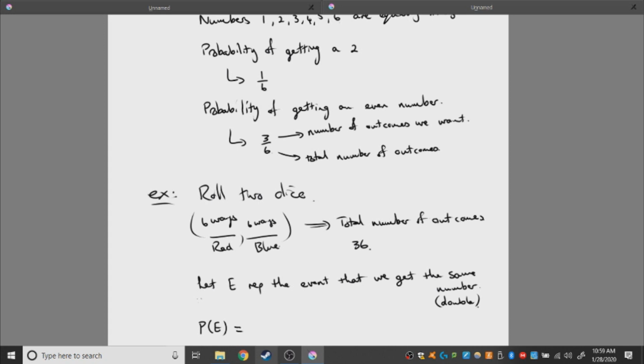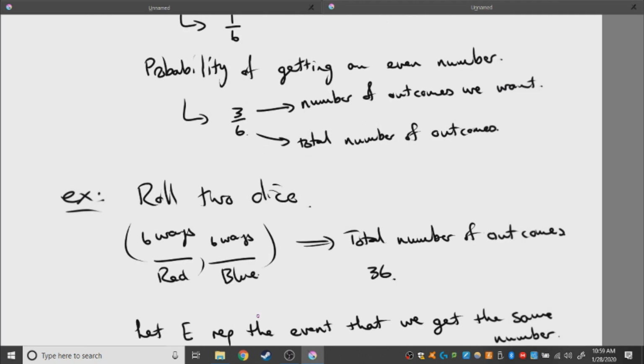Just trying to make it a little bit more compact and efficient. What would you say is the probability of getting 2 of the same number, without simplifying? Well, how many ways can I get 2 of the same number? 6. There are going to be 6 doubles.